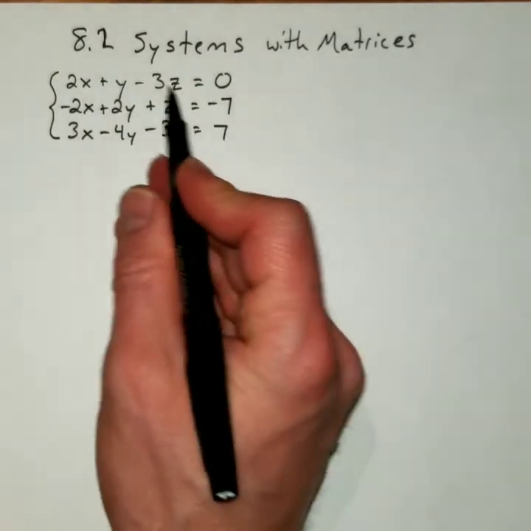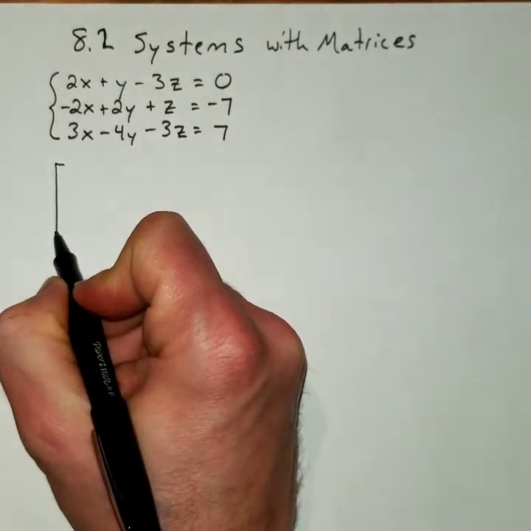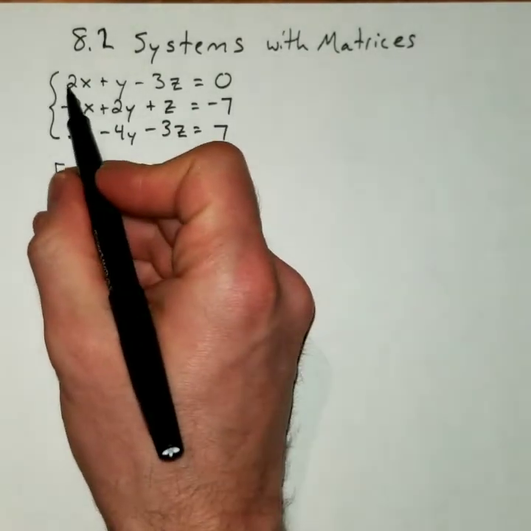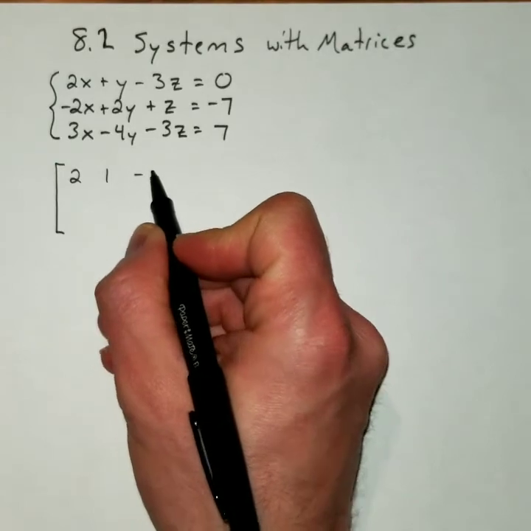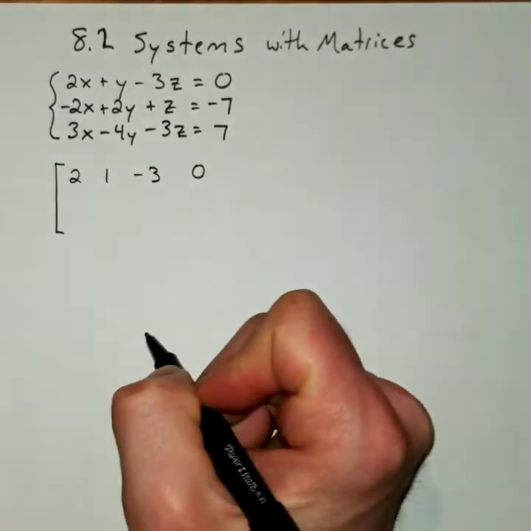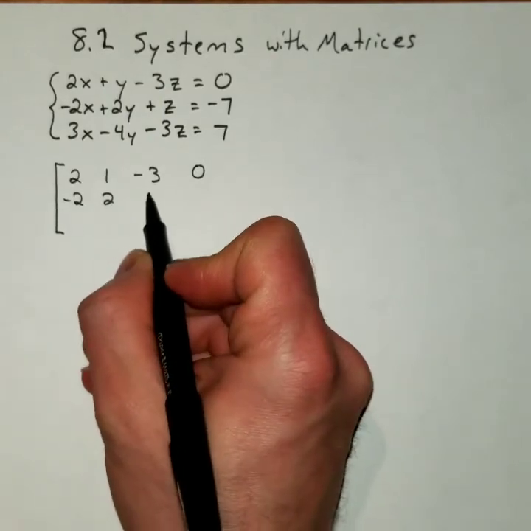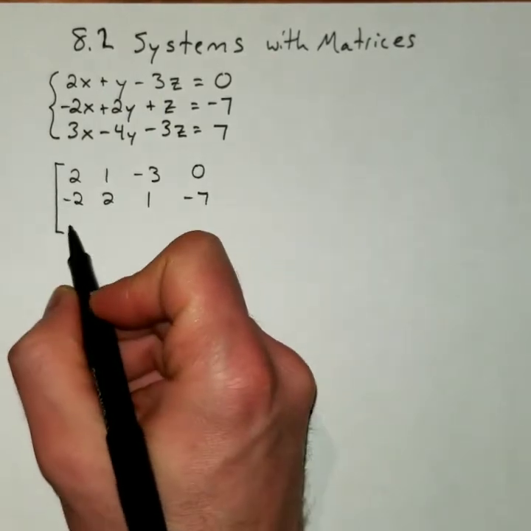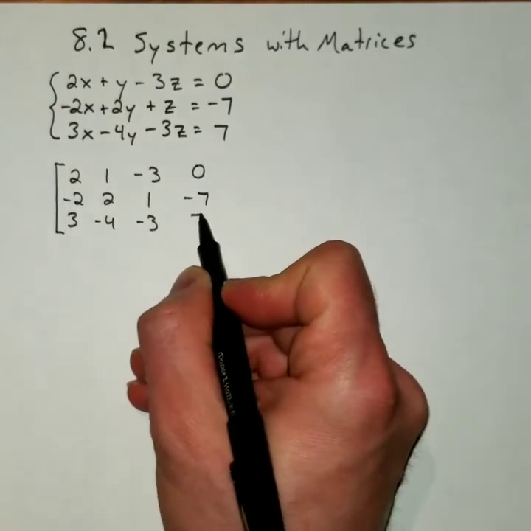So to do this with a matrix, I'm just going to first write out the initial matrix, which is just the coefficients and constants from the variables here, going row by row. -2, 2, 1, -7, and then 3, -4, -3, and 7.